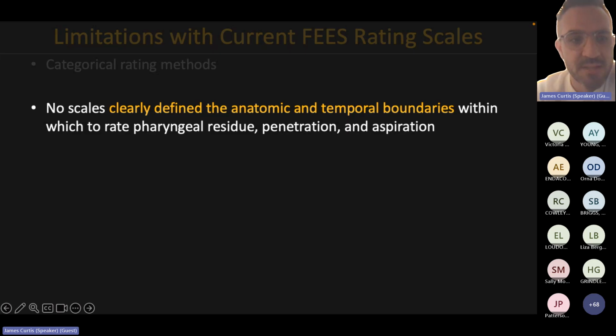A lot of the FEES rating scales, in addition to having categorical rating methods, while they used anatomic boundaries to talk about things like valleculae residue and pyriform residue, there were no scales that really clearly defined how we create boundaries for these different anatomic structures and temporal phases that we ultimately use to guide our ratings of our functional swallowing outcome measures.